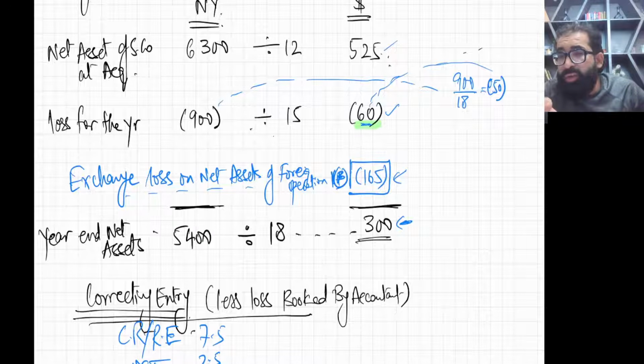As this is the loss, NCI will be debited, and translation reserve will be credited, because we debited extra to the translation reserve. We debited the complete amount to the translation reserve, but in reality we should not have booked the complete amount there. It should be split between NCI and us.